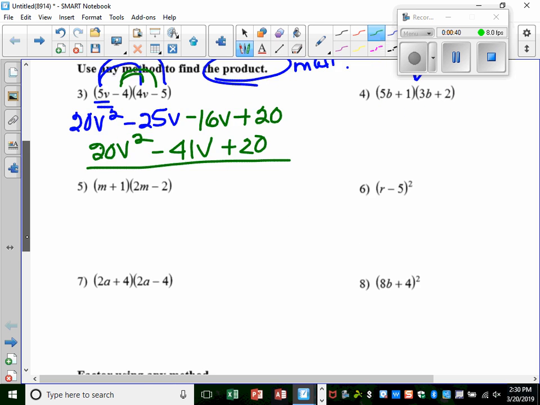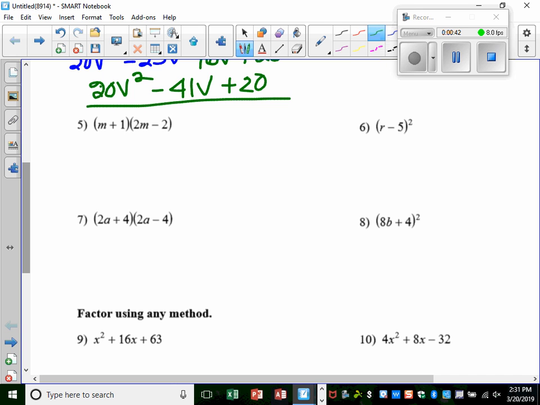Okay, going down to number 5, we're going to do the exact same thing again. M times 2m is 2m squared. M times negative 2 is negative 2m. Okay, then I start distributing with my 1. 1 times 2m is positive 2m. Is that right? Negative 2m, positive 2m.